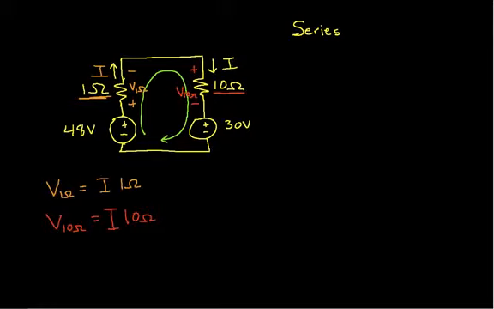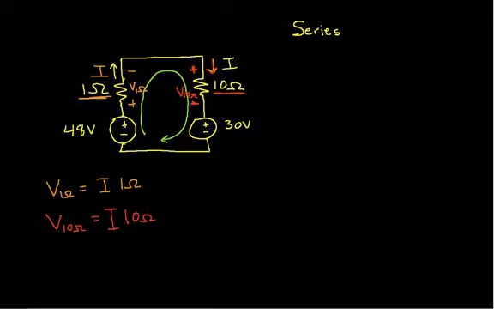Now you'll notice that I'm drawing these voltages so that the current through the resistor is flowing from a higher potential to a lower potential. So in this case, the current flows from this point, which is a higher potential, to a lower potential.